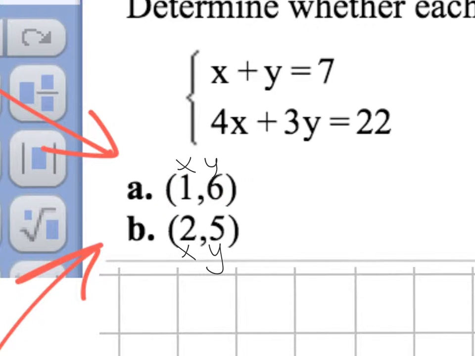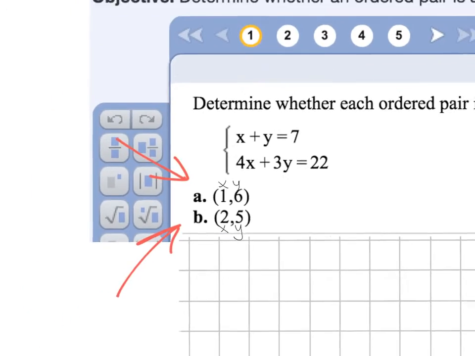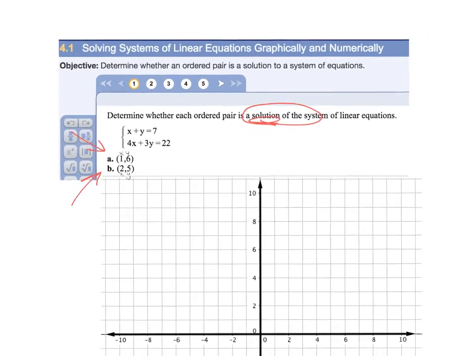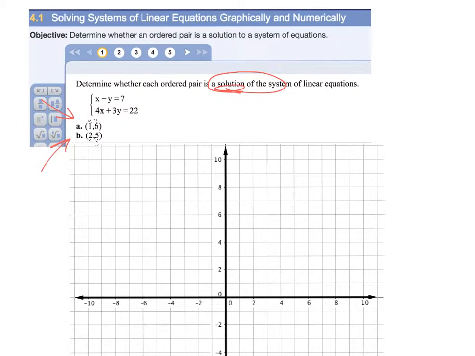And so what you're going to do is take 1, 6, where x is 1 and y is 6, and substitute it into both of these equations. And if 1, 6 works both times, then it is a solution. So we're going to zoom out, and we're going to go way over here, and put x plus y equals 7.